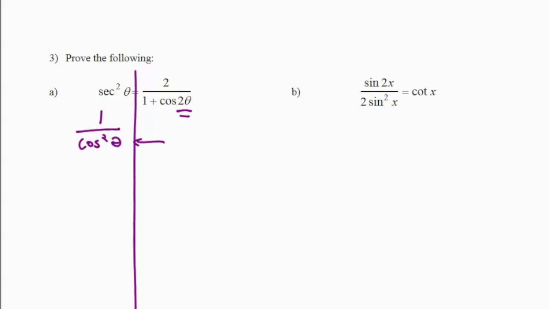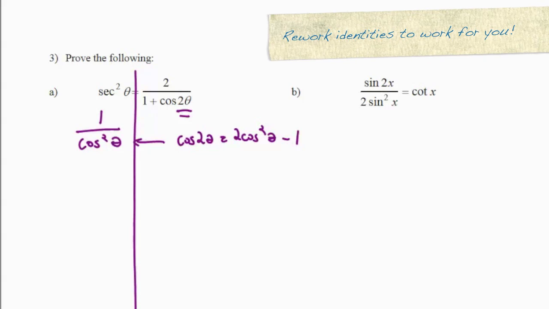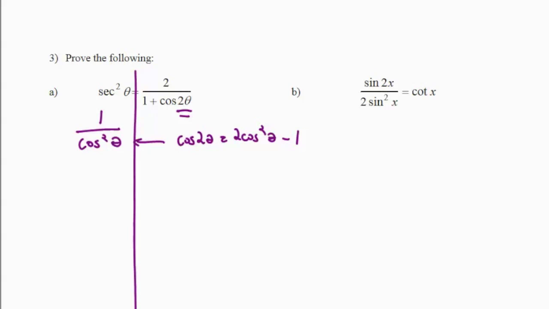If we take a look at one of our identities, we know that the cosine of 2 theta is equal to 2 cosine squared theta minus 1, which means if we solve for the cosine squared theta, we will end up with 1 over the cosine of 2 theta plus 1 divided by 2.